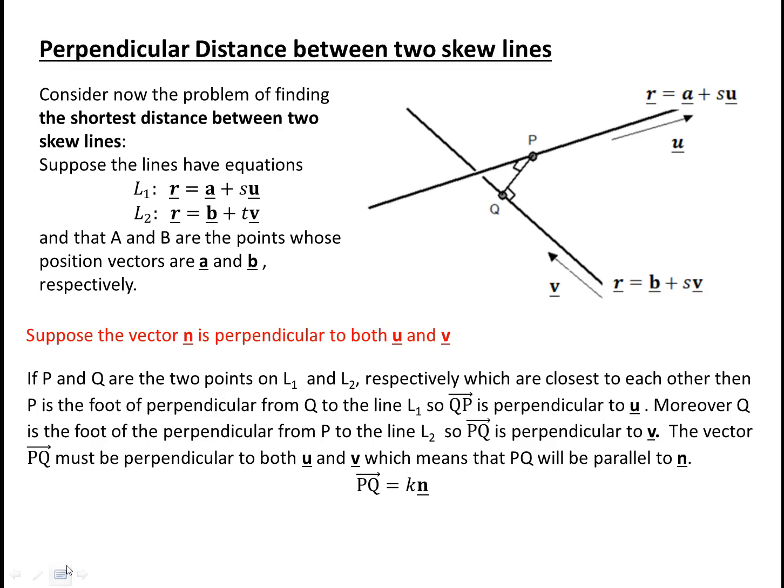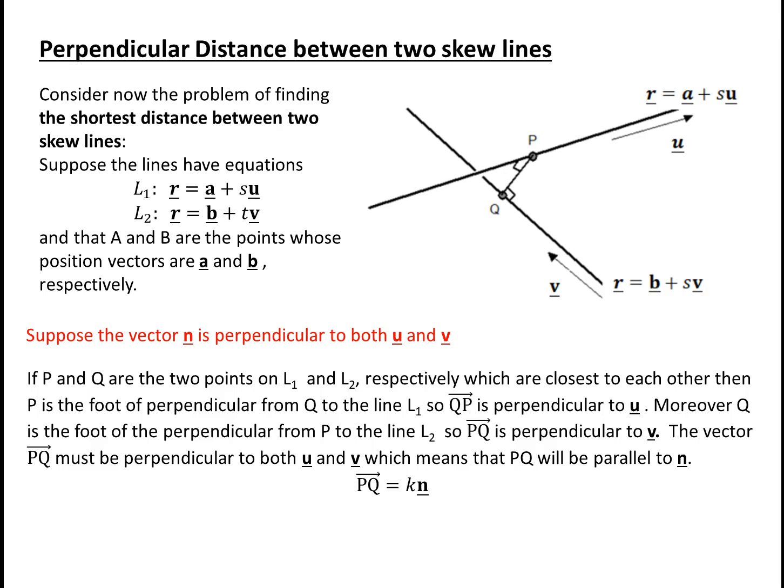Moreover, Q will be the foot of the perpendicular from P to the line L2. And that tells me that the vector PQ must be perpendicular to the direction vector v of L2.